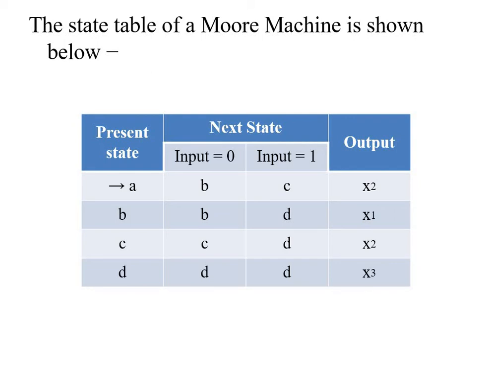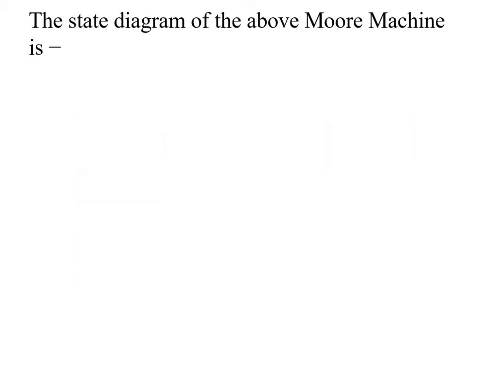Just note down this transition table so we can easily draw the state transition diagram. Start from state A. Give the input 0, then reach state B. Then what is the output? X2, which is associated with A.